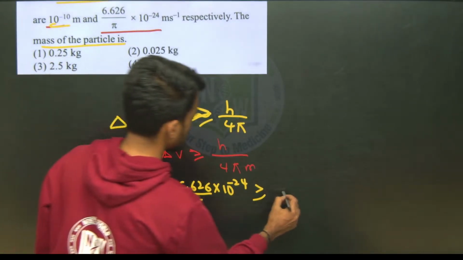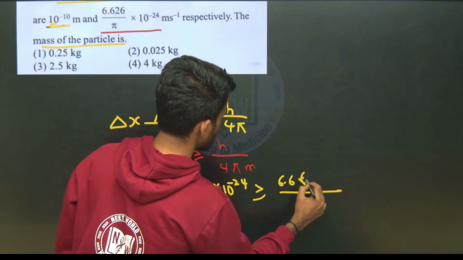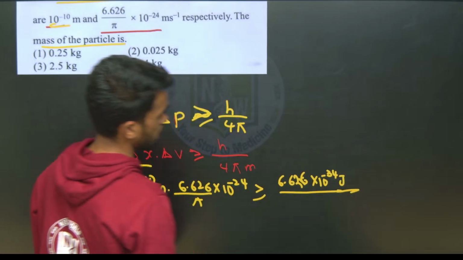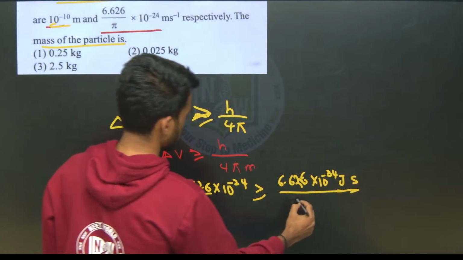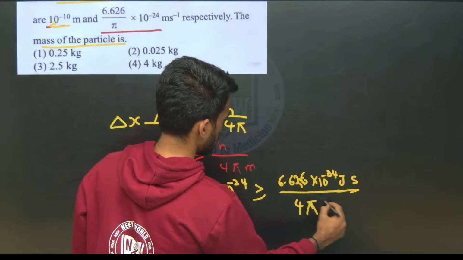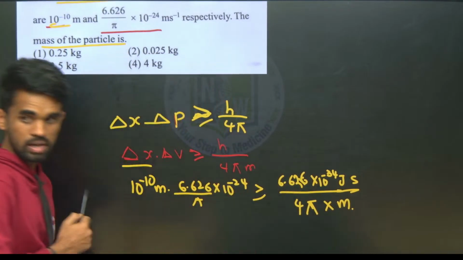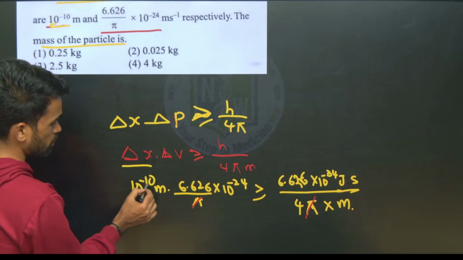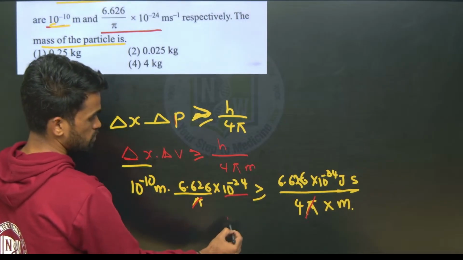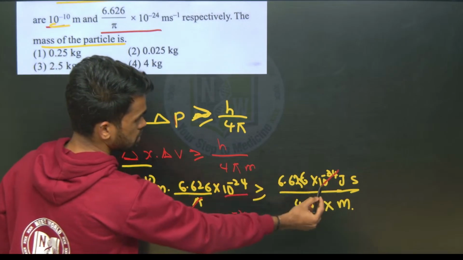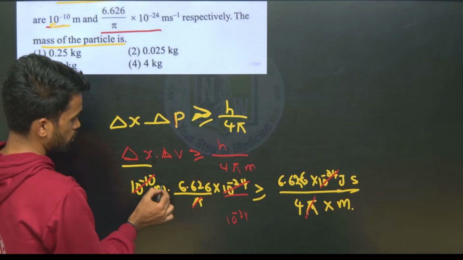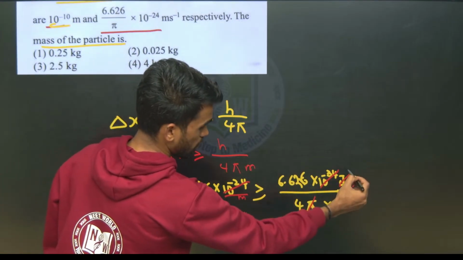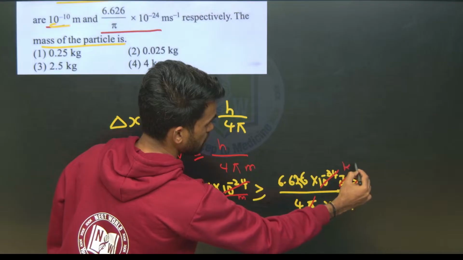The h value is 6.626 into 10 power minus 34 joule seconds, divided by 4 pi into mass, which we need to find. Remove the pi, and the powers of 10 combine to minus 34. Meter here and meter there cancel, so finally just kg remains.